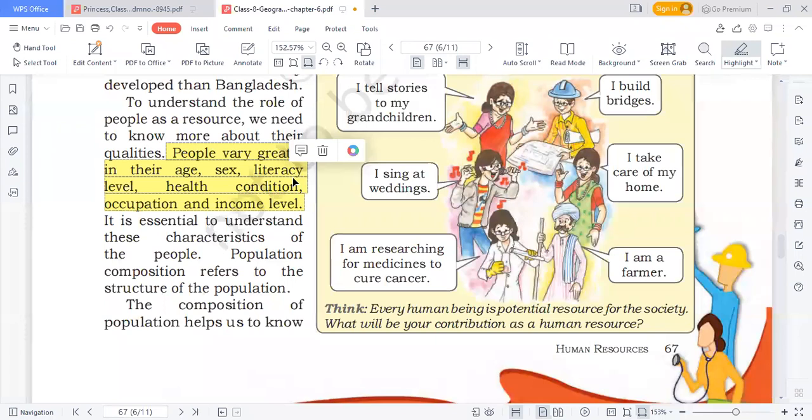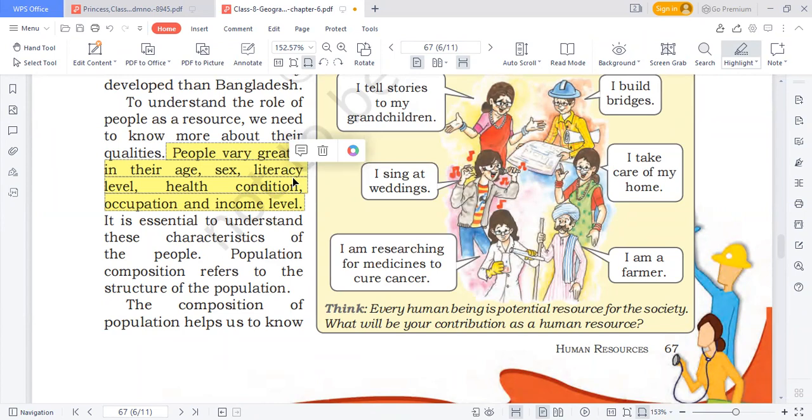According to the census of 2001, a person aged 7 years and above who can read and write with understanding in any language, meaning a person can express their thoughts in any language, is considered literate. I'm repeating the meaning of literacy.